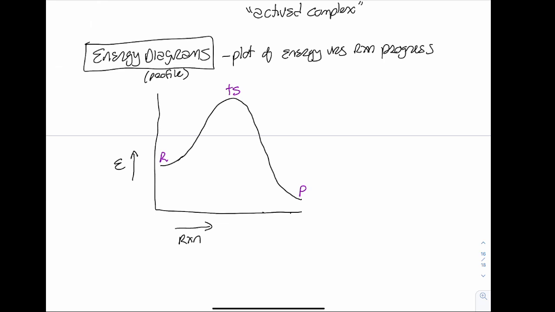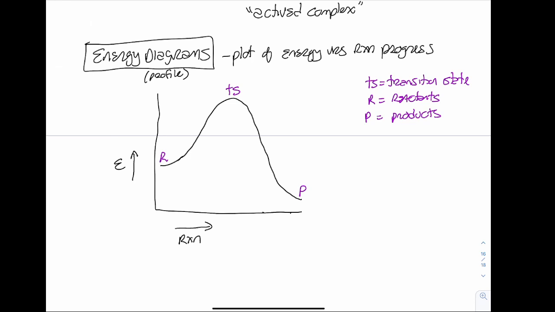So the part that's the very highest on my y-axis is going to be my transition state. So TS, transition state, right? My partially formed and partially broken bonds. R was my reactant. P are my products.